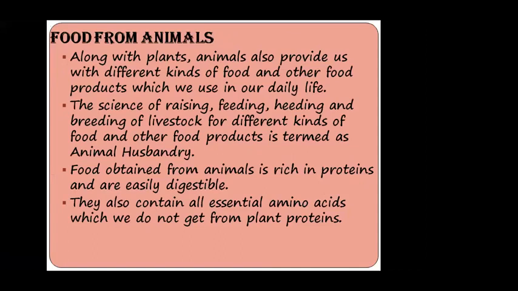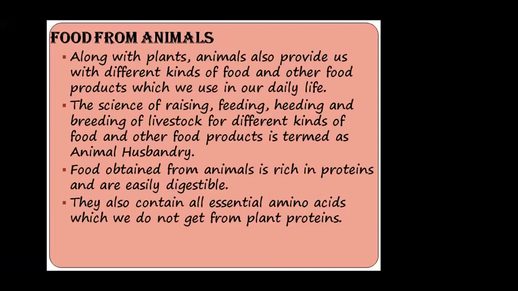Students, apart from getting food from plants, we get food from animals as well. So here we will study the food that we get from animals. Along with plants, animals also provide us with different kinds of food and other products which we use in our daily life.